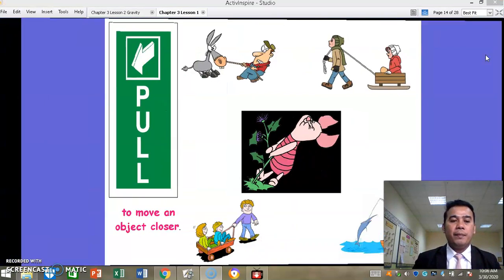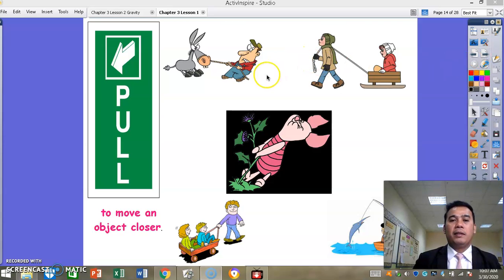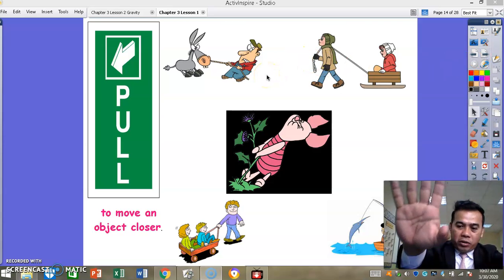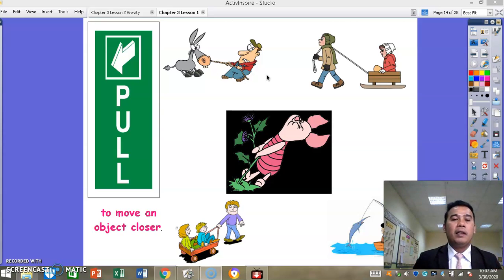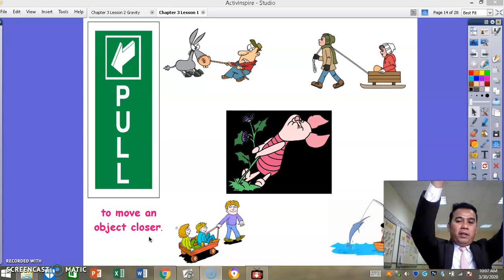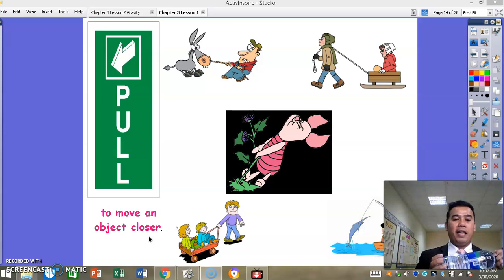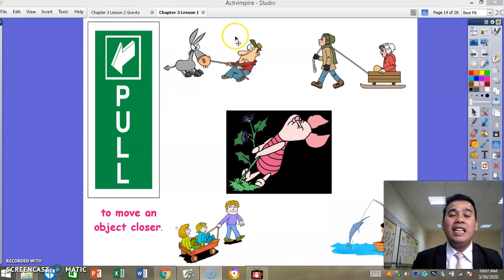Next, pull. Pull is to move an object closer to you. Example: this man is pulling the donkey.